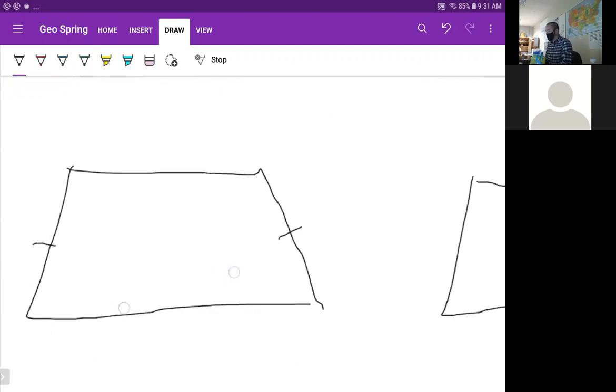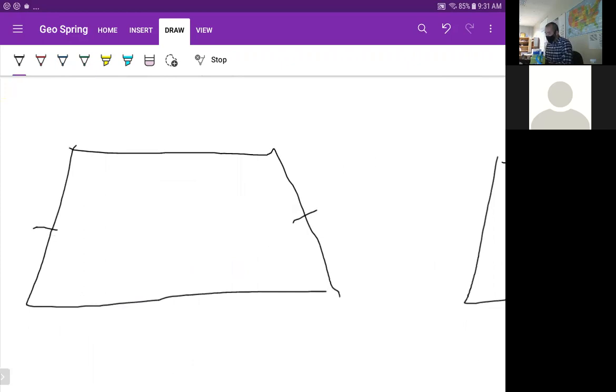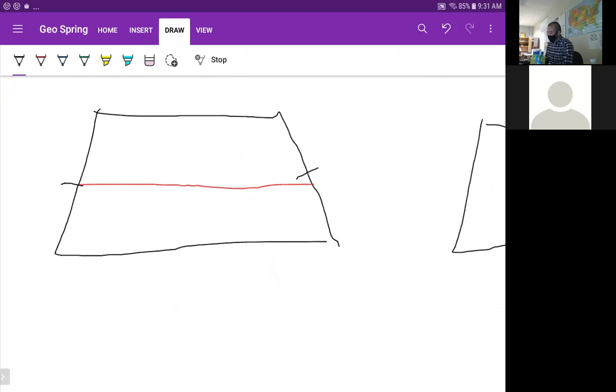So in summary, here's how these work. Whenever you have this mid-segment here, so here's the mid-segment. Pretend that's in the middle. I'm just doing my best. So you have a formula here.